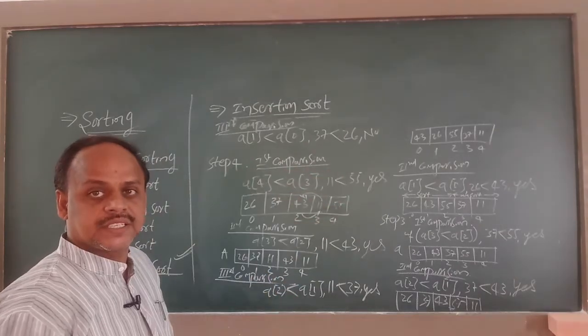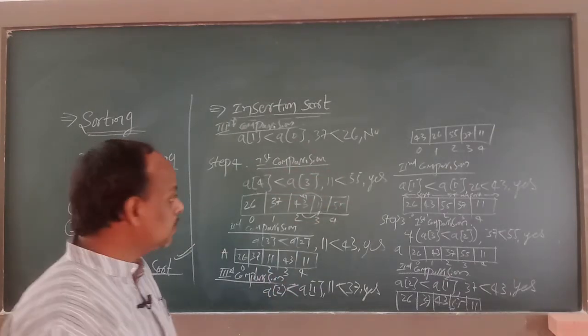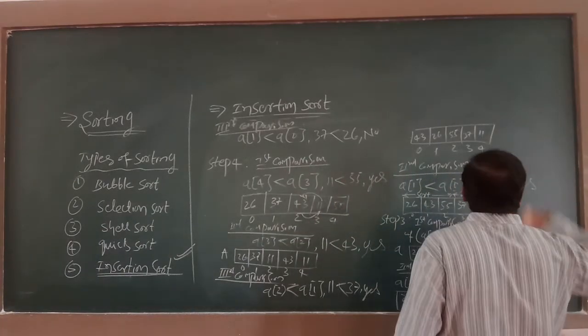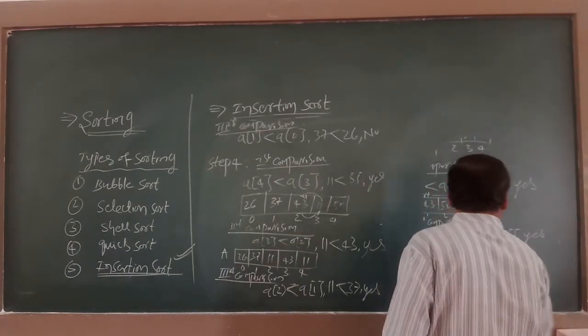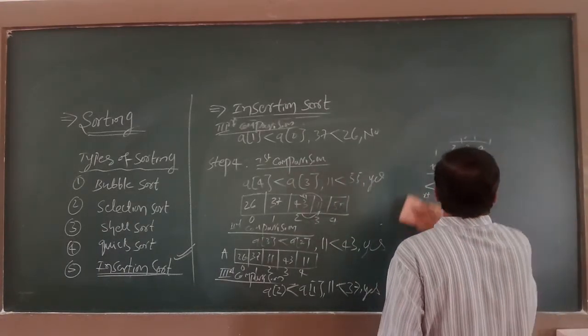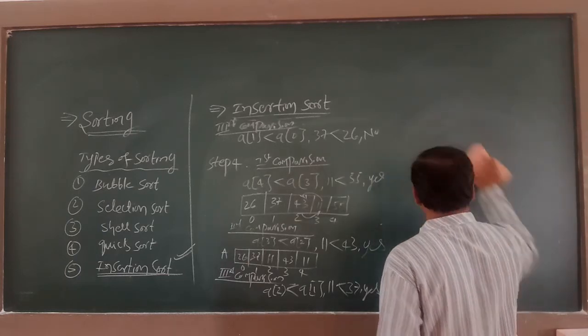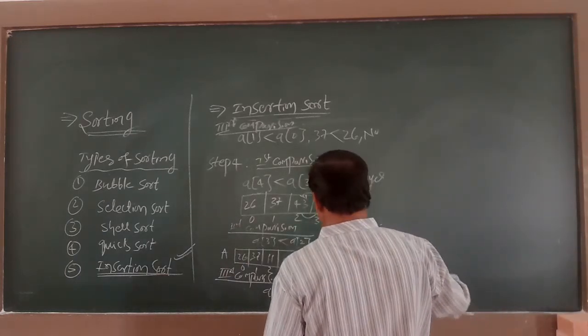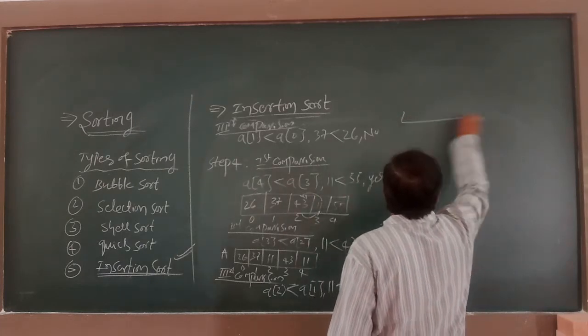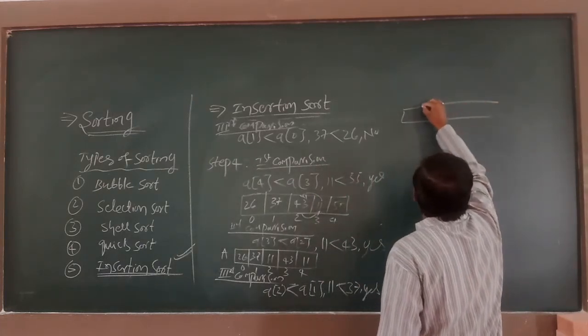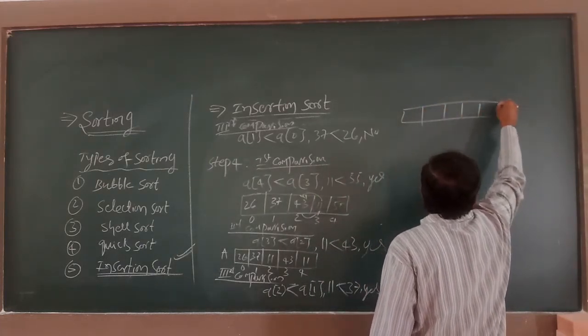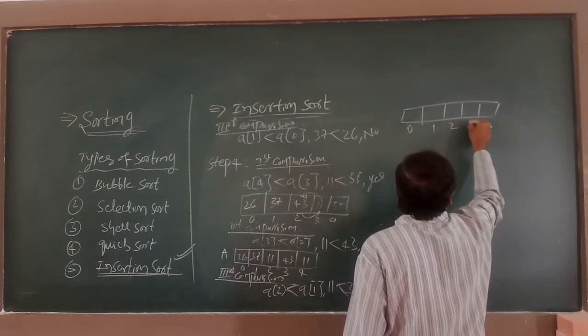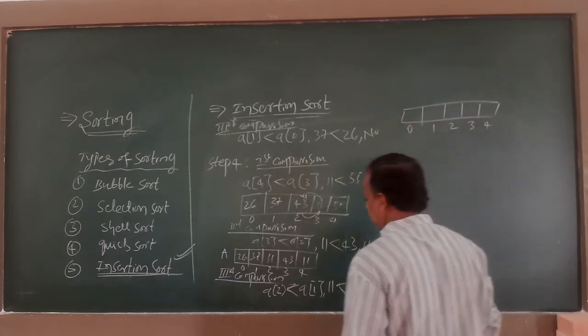Otherwise, we have to go for the next step, right? So interchange means it becomes 0, 1, 2, 3, 4, right?